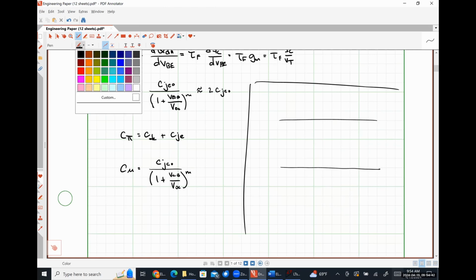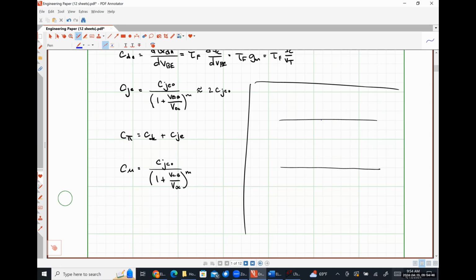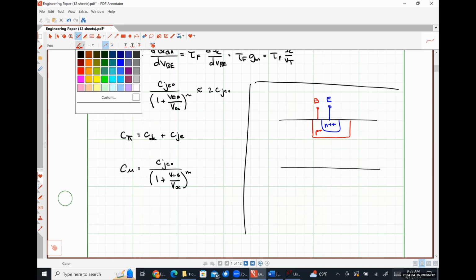So we have our N++ region here for our emitter terminal. We have our P+ region here for our base terminal.